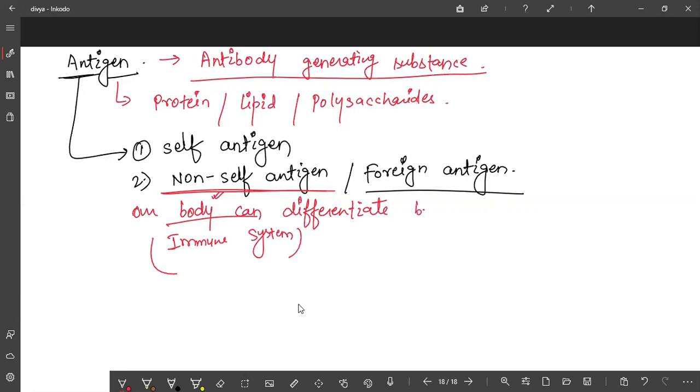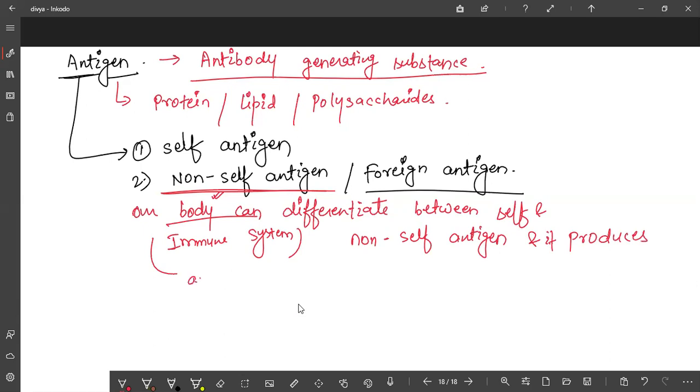It can differentiate between self and non-self antigen, and it produces antibody against non-self antigen.